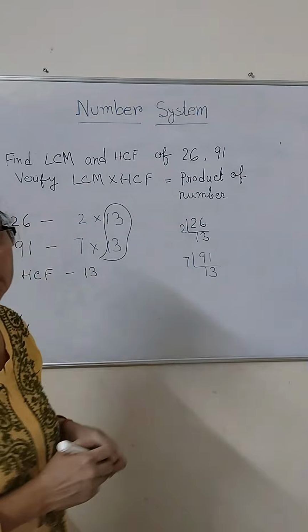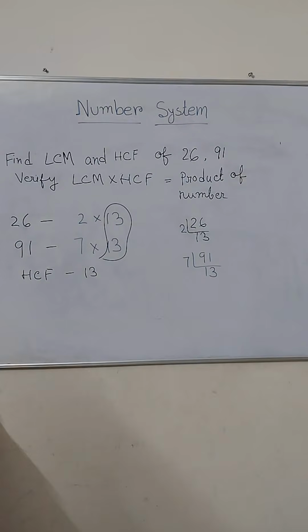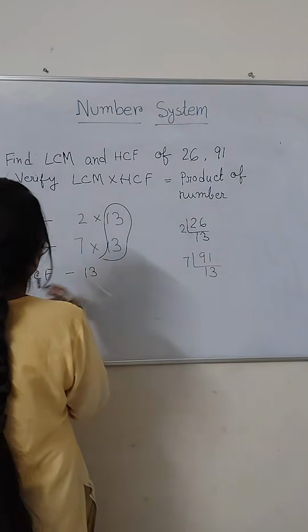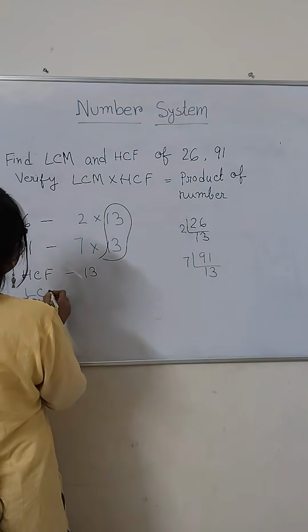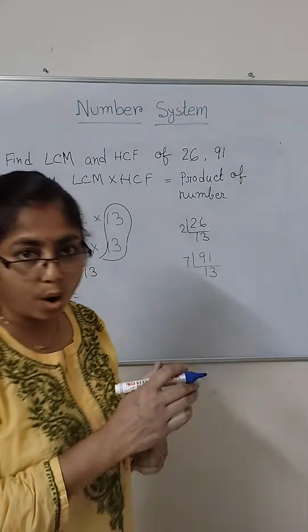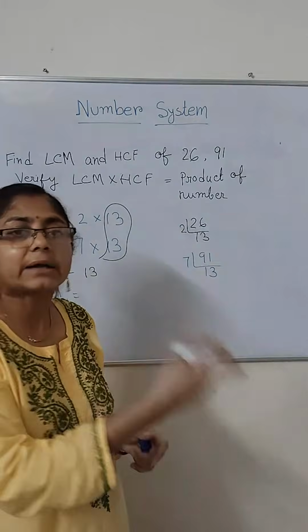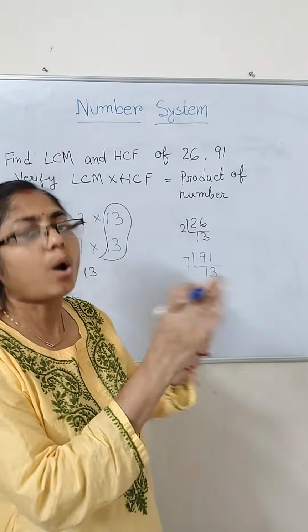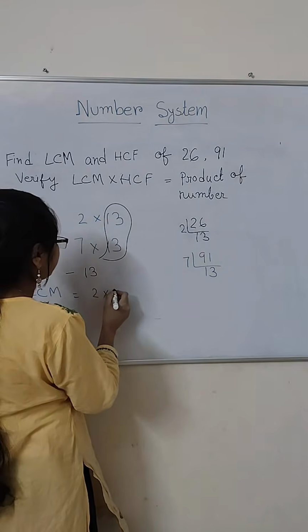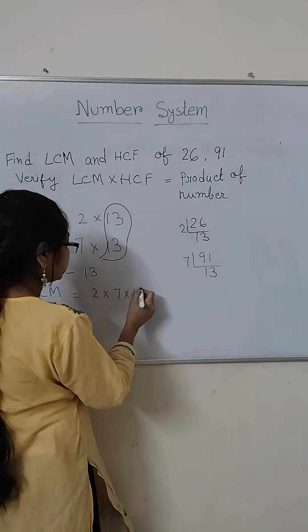Clear? LCM. LCM is not the common number. You multiply all the factors. It is 2 into 7 into 13.